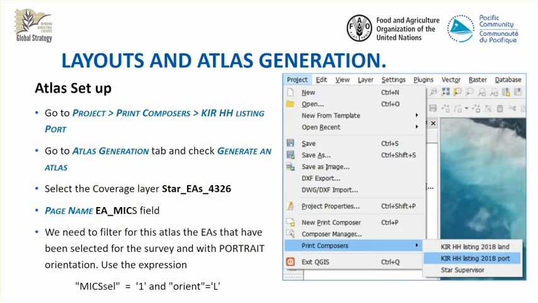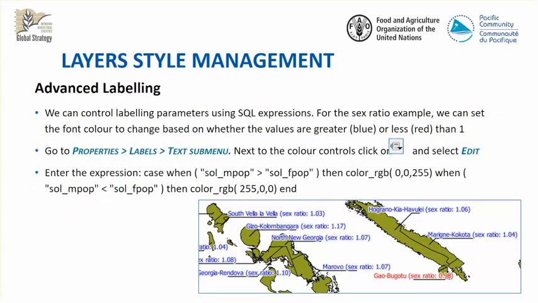I put more complex examples, like we calculate sex ratio and we label it, or we color labels depending on the value of a parameter. So for example, the sex ratio, if it is less than 1, it means that there are more females than males, it's in red, and if there's more males than females, it's in blue.